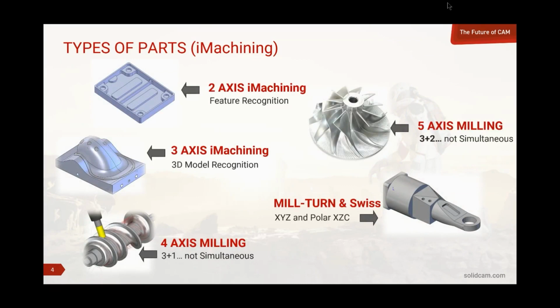There are a number of types of parts that we work with that are really made for iMachining. Of course, your 2-axis prismatic parts and 3-axis mold cavity parts, but a lot of people don't think about the 5-axis parts like impellers and such. With the 3+2, we can use iMachining in those cases to rough out the areas between the vane segments.